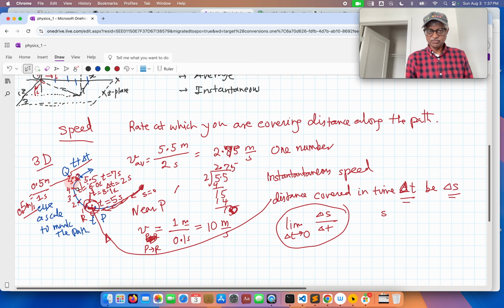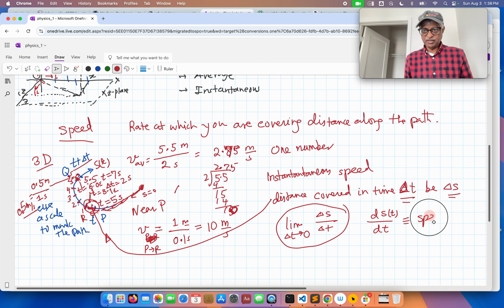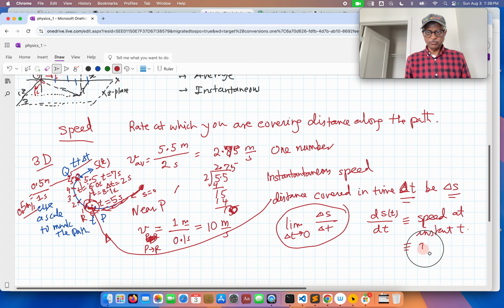This whole trajectory is defined to be a function of time. So s as a function of time, this will be a speed at instant t, and so we can call it v at instant t.